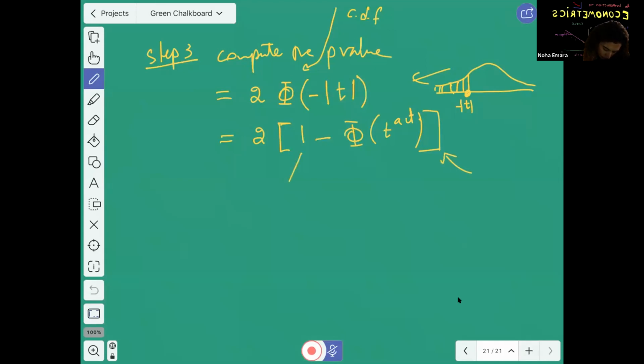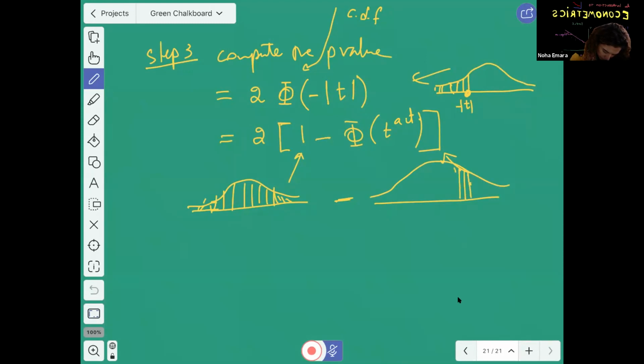The one here refers to everything, right? Everything. This is the one I'm going to subtract from it: anything that is less than the positive part. This one is the positive part, so this is t.